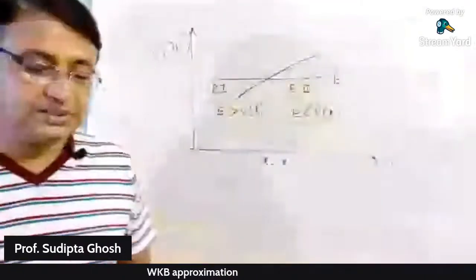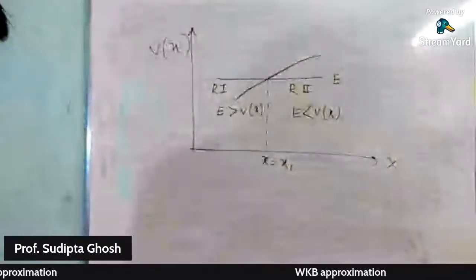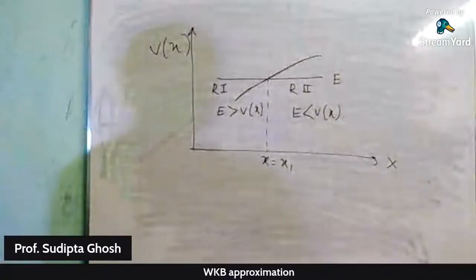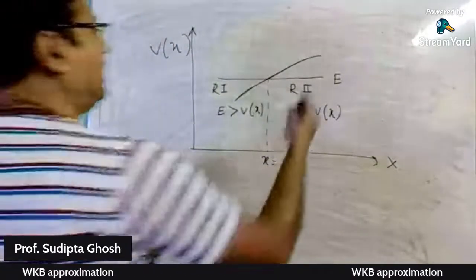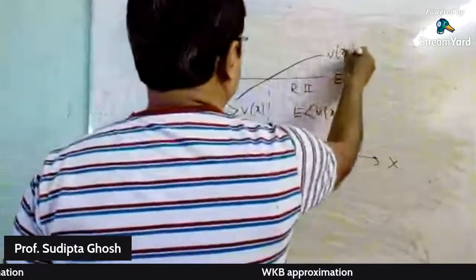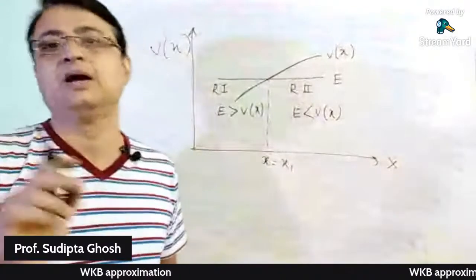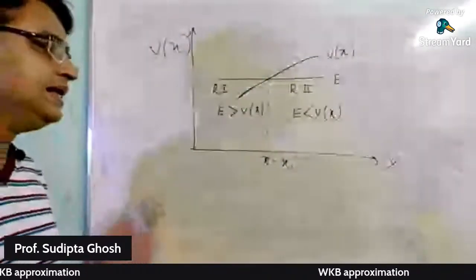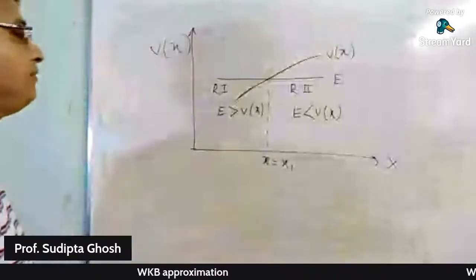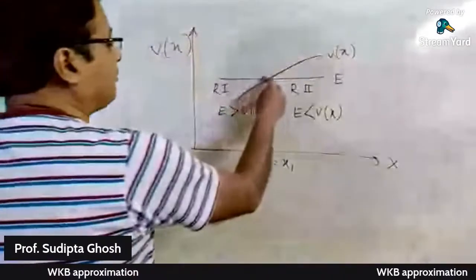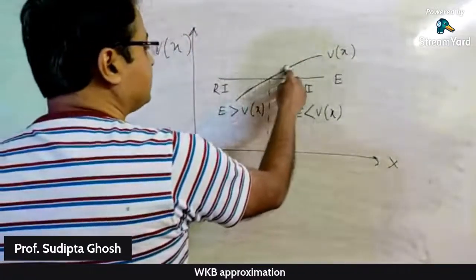Okay, now this is the connection formula that I have to discuss. In this figure, a particle has energy E, and this is V(x), the potential. In WKB approximation, I have told you time and again that the potential varies very slowly. So I have taken the potential of a particle, and it changes very slowly.